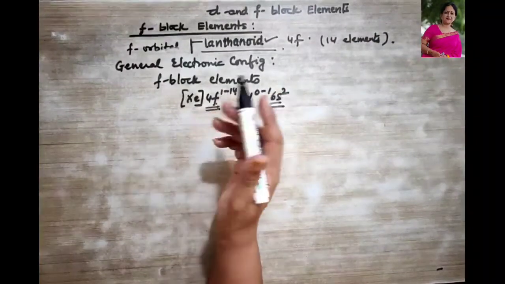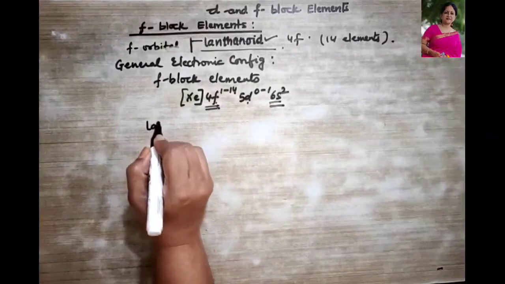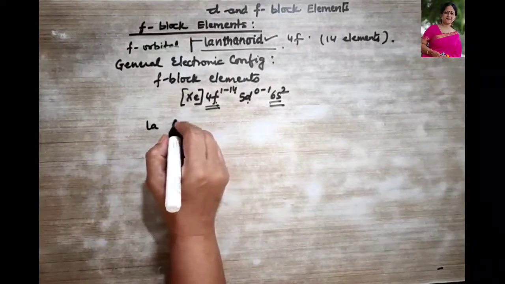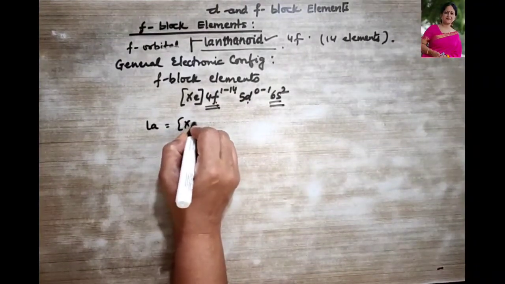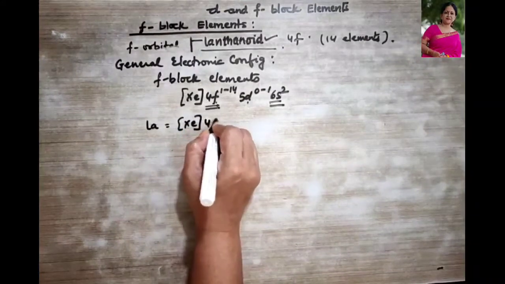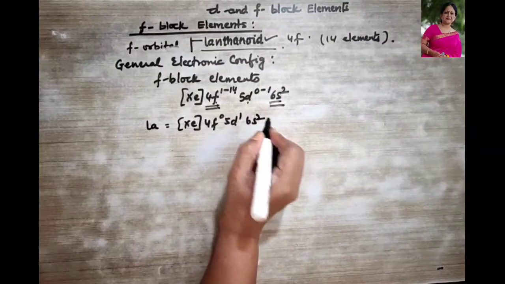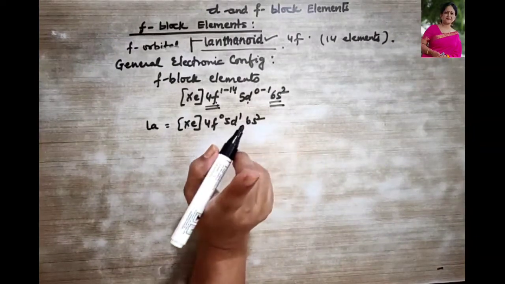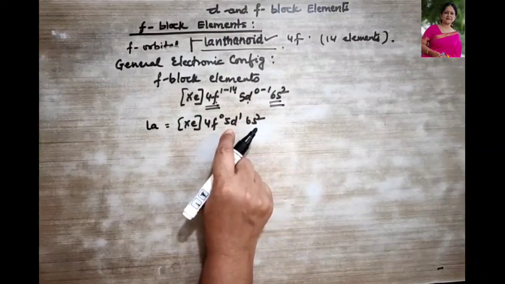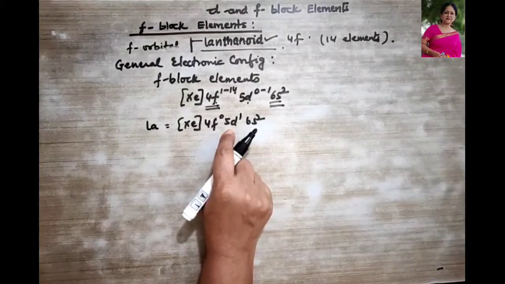Clear? So for example, lanthanum's configuration will go like this, that is xenon 4f0 5d1 6s2, but there is a successive filling of the electrons that you see in the 4f electronic configuration.